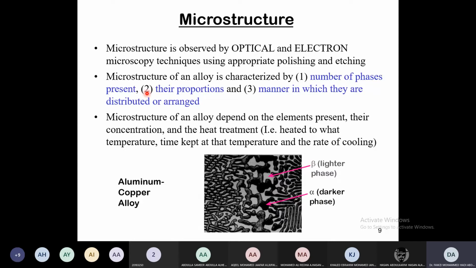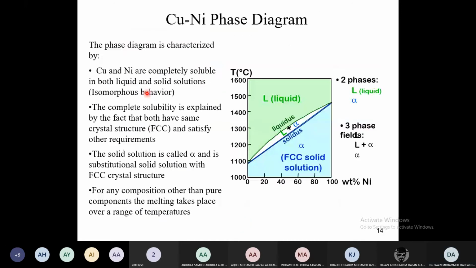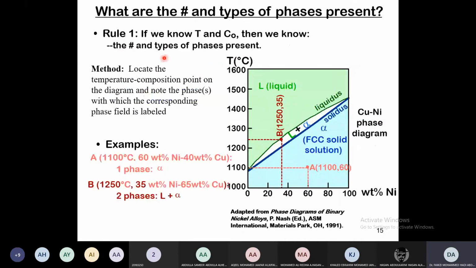So how can we do that? By using the phase diagram. It's one tool that we can utilize in order to make different microstructure types. So how do we do that? By looking at this.